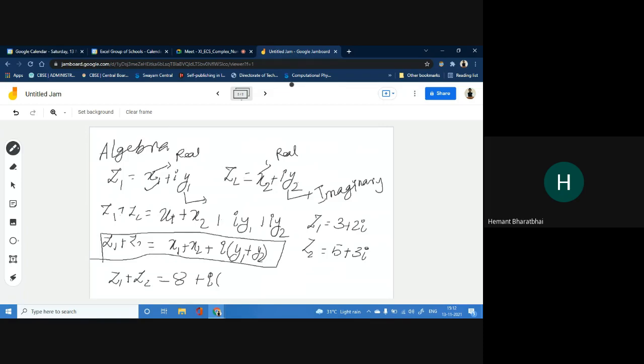So now we just saw the real part will get added with the real part and the imaginary part will get added with the imaginary part, and therefore I will get Z1 plus Z2 is equal to, real part here is 3 and 5. So 3 and 5 will get added, which is going to give me 8, plus the imaginary part will get added with the imaginary part. So 3i plus 2i, that is going to give me 5i.